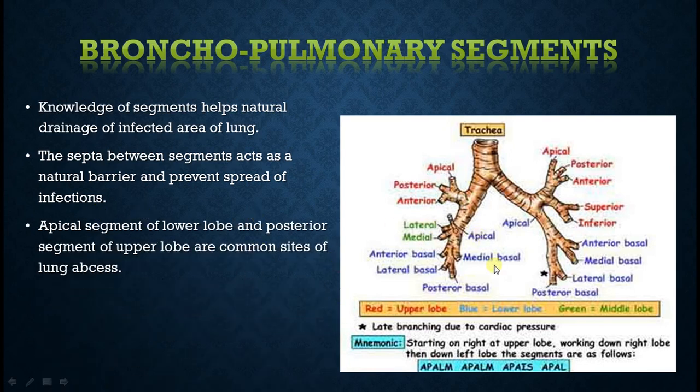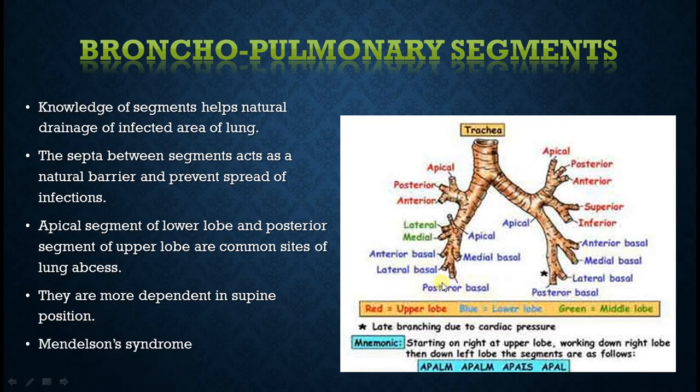Again, the apical segment of the lower lobe and the posterior segment of the upper lobe are common sites of lung abscess, because in the supine position they are more dependent and more prone to infections. Any infection can immediately go and settle into the apical segment of the lower lobe and the posterior segment of the upper lobe. Just now I told you that.